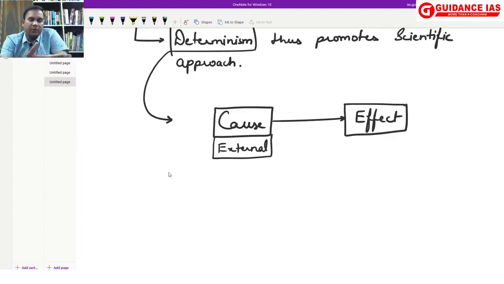Obviously, when we are talking about determinism, all these terms emerged in the period after Renaissance. And by that time, clearly you can understand that the influence of religion had faded. It was fading, in fact, at least in the academics. So when I am saying determinism, and giving you an idea of how religion is deterministic, it is just for the purpose of comparison.